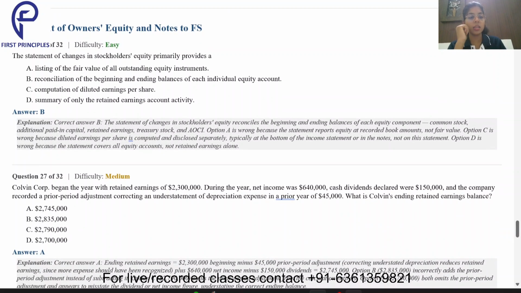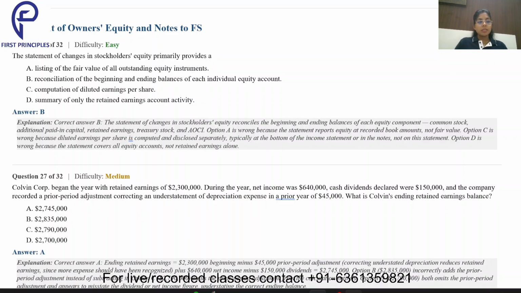Question number 26. The statement of changes in stockholders' equity primarily provides what? Option A, the listing of the fair value of all outstanding equity instruments. Is this correct? No, it does not provide the fair value of any equity instrument. Then option B, reconciliation of the beginning and the ending balance of each individual equity account. Yes, this is the correct option.